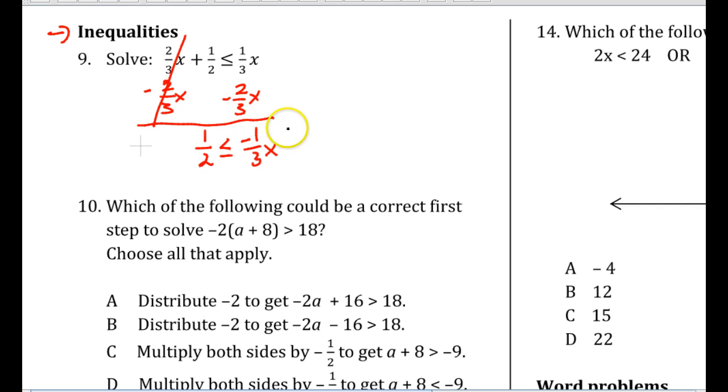And if we multiply both sides by the reciprocal, 3 over negative 1, we'll get our answer. Those cancel out, negative and negative are positive.